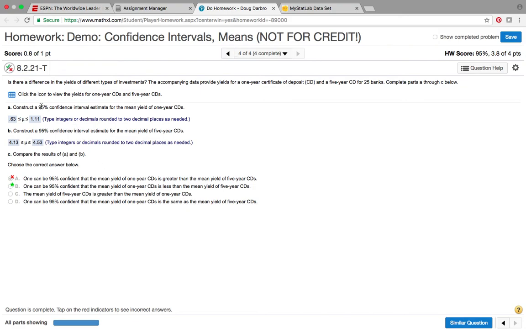Okay, I see. We're using the same 95% in both cases, aren't we? So we actually can, and the mean yield of a 1 year is less than that. Obviously it's less because this interval is below. Yeah, I was reading it backwards. So guys, the correct answer would be B there.